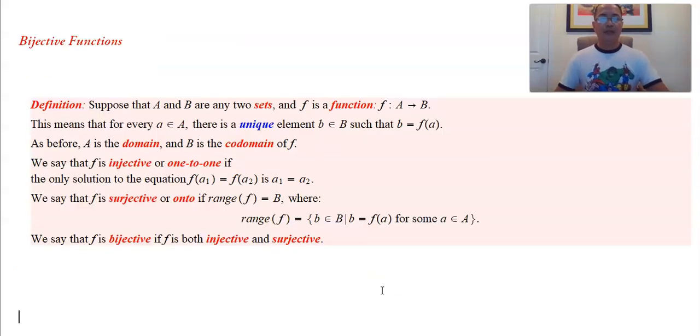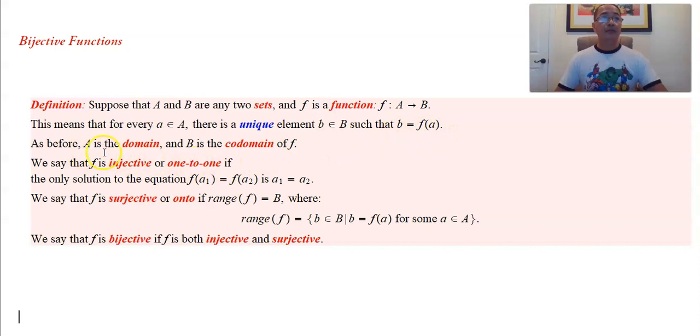So let's generalize the concepts that we saw for the cosine and the arc cosine functions. Let's suppose that A and B are any two sets, and f is a function from A to B. What that means is that for every input a from the domain capital A, there's a unique element b from capital B, such that b is f of a.